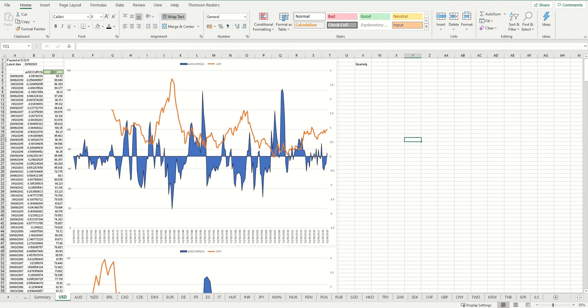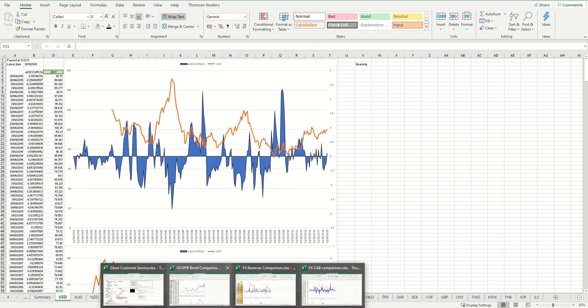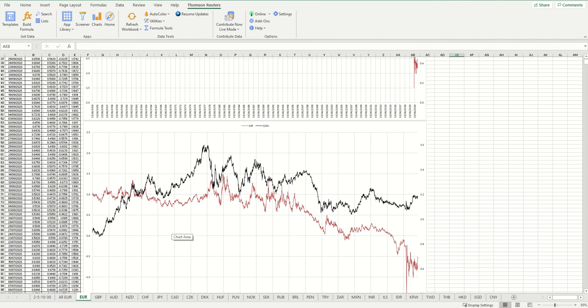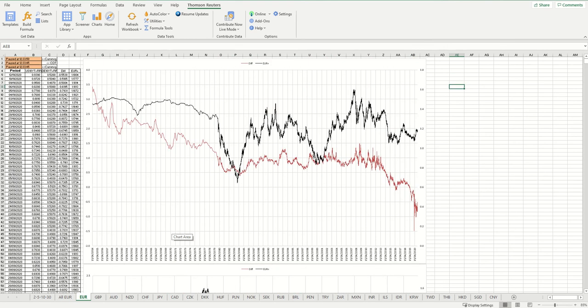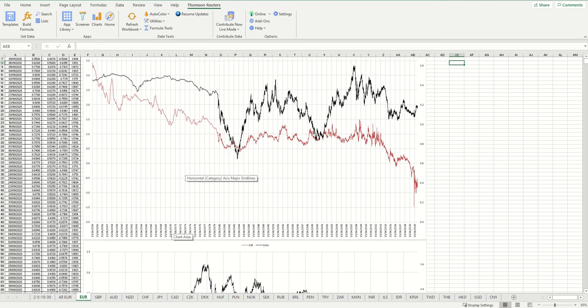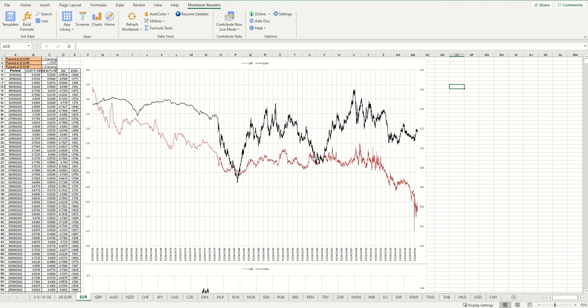plotted against the Forex pair, should also work very, very well. So just in summary then, the three indicators are bond yields, as we see here. So bond yields, I tend to do the 10-year versus the other 10-year, but you can experiment with 5 years, whichever bond yields you wish to look at.